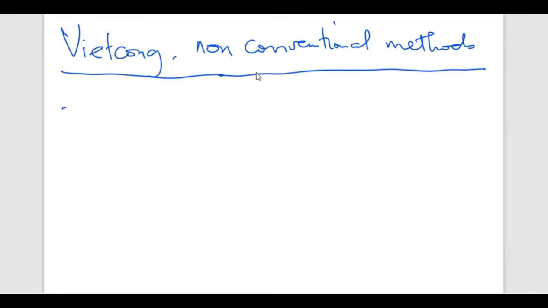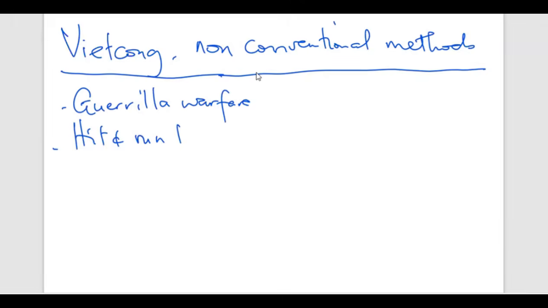The Viet Cong basically used guerrilla warfare. They used hit and run tactics. They used advantage of the camouflage. They took advantage of not wearing uniforms.